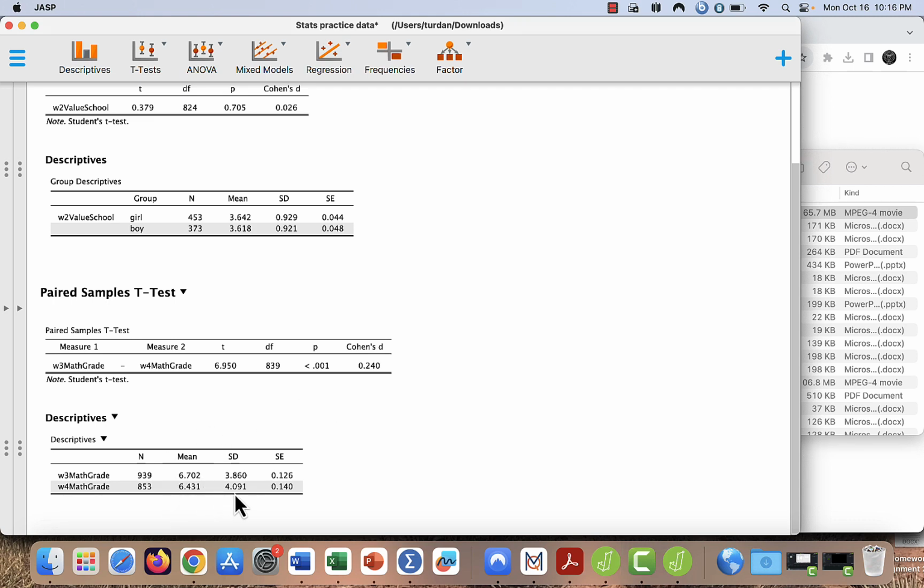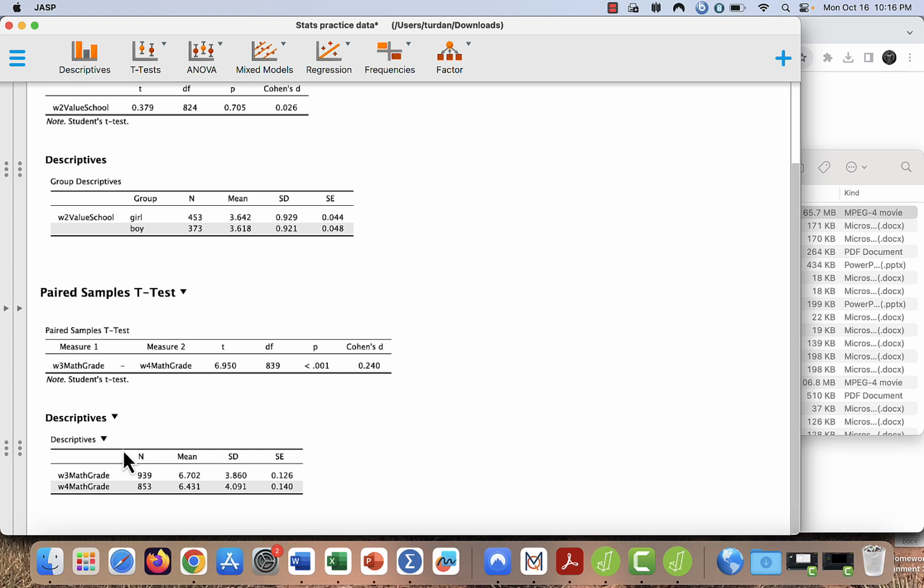What we see here is that the grades declined. The grades went down. So it looks like math grade went down from the first semester to the second semester. And this Cohen's d of 0.24 is pretty small, so it's not a huge effect size. It's actually a pretty small effect size. So there's statistical significance, but not a ton of practical significance.